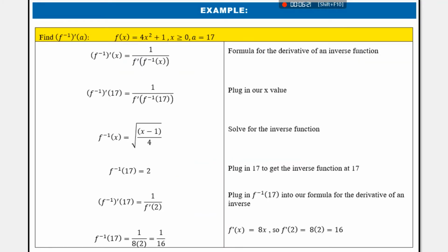Here's an example. So our original function was 4x squared plus 1. I wanted to find the derivative of the inverse at x equals 17. So using our formula, the derivative of the inverse is 1 over the derivative of the original function at the inverse.